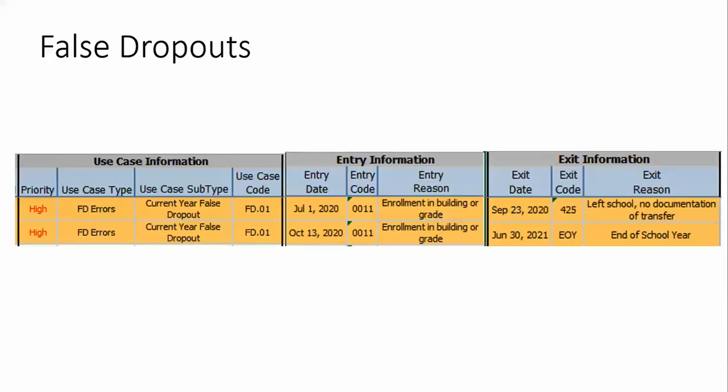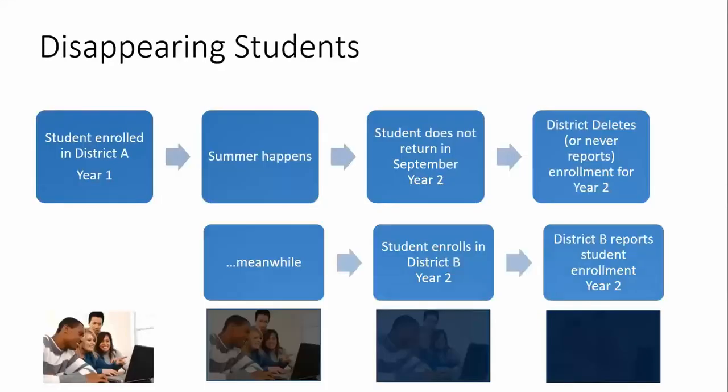Okay. The next category we're going to talk about, the next subtype, is disappearing students. It's my favorite name for students that show up on the UIAS report. There's only one type, and here's the typical scenario.